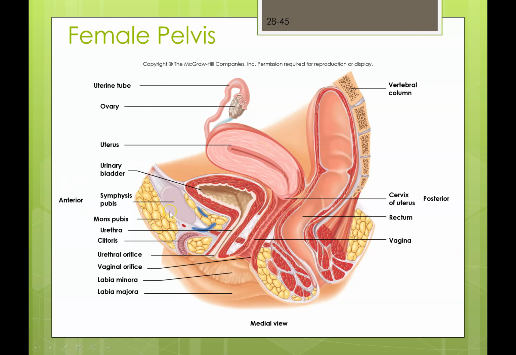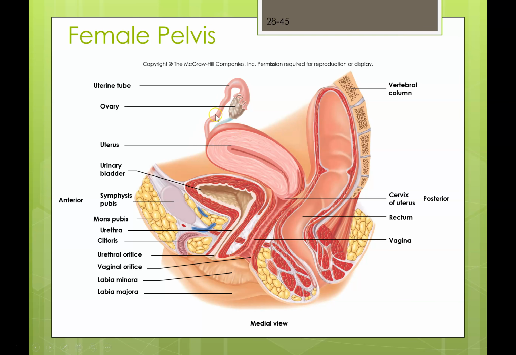So this is a sagittal view of the female reproductive system. We can see the symphysis pubis over here. Posterior to that, we have our urinary bladder with the urethra. And then if we look posterior to the urethra, we see another canal, and this canal belongs to the vagina. If we move superiorly, we can see the cervix of our uterus and the body of the uterus. Extending laterally, we only see this on the one side here, on the right side.